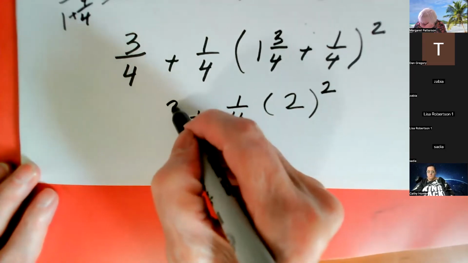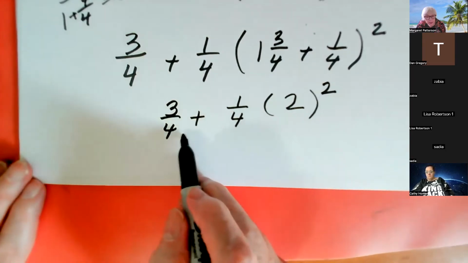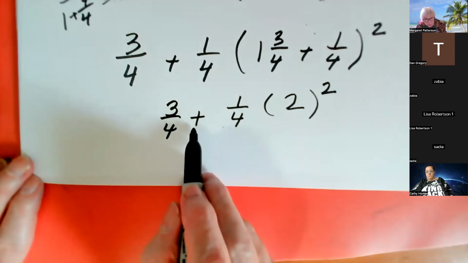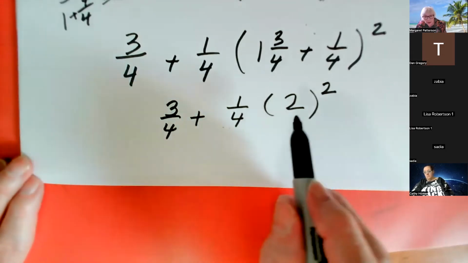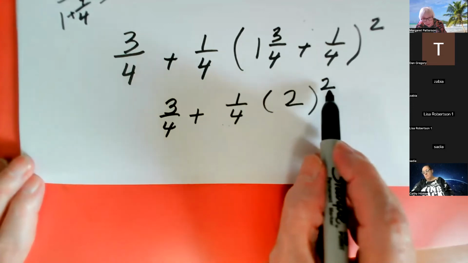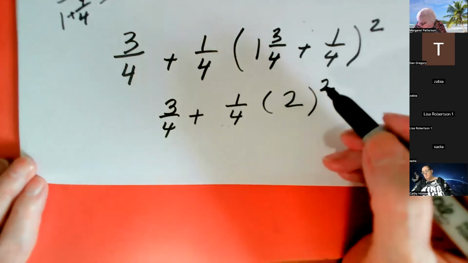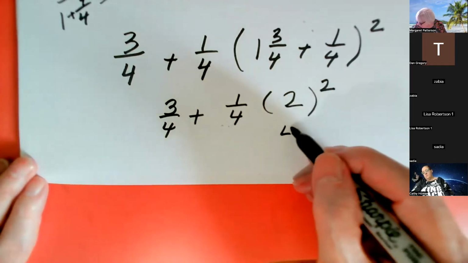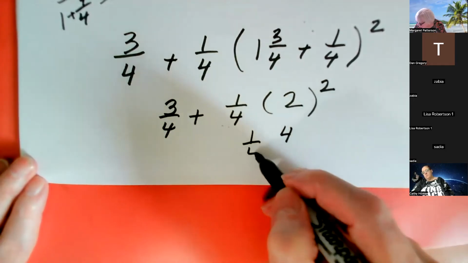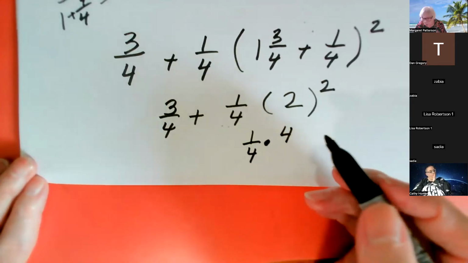This is what happened before. Now, don't be tempted to add these because this is completely last. What's next is the squaring. So 2 squared needs to be 2 times 2, which is 4. So this is 1/4 multiplied by 4.